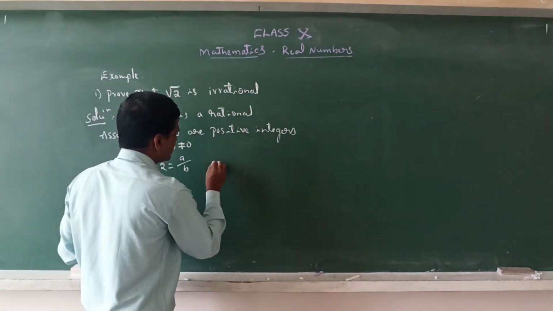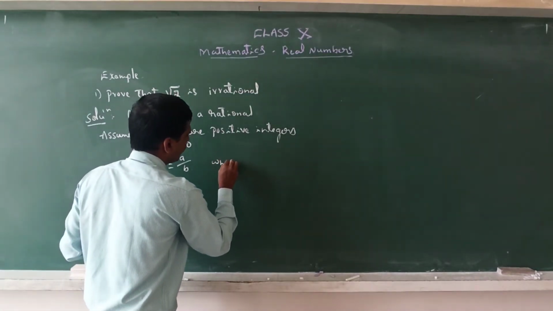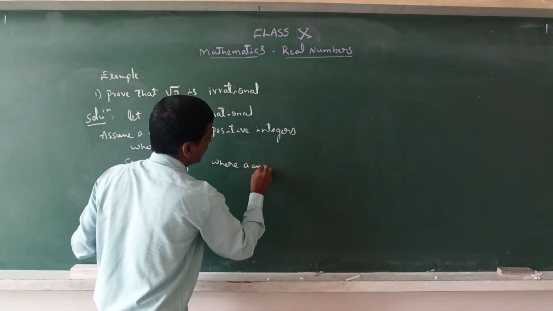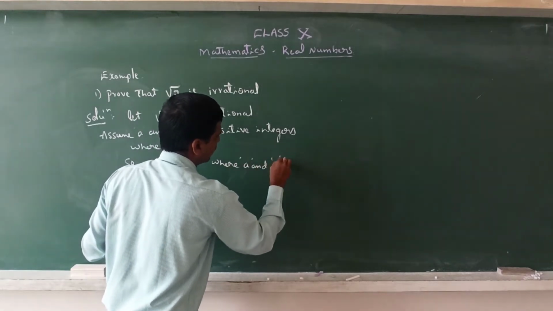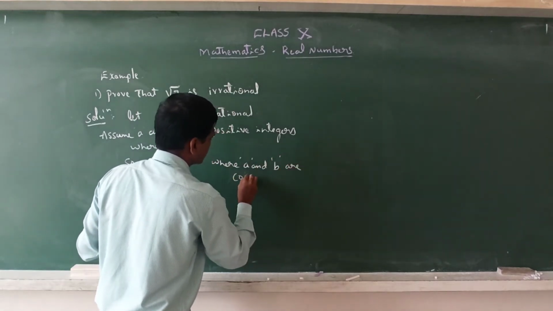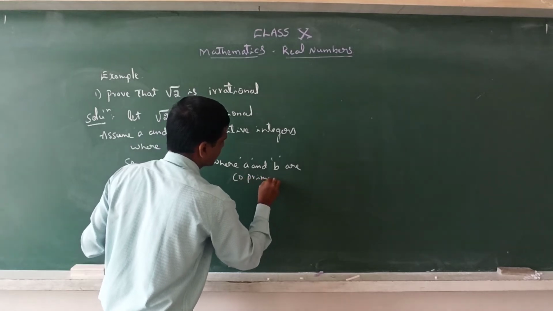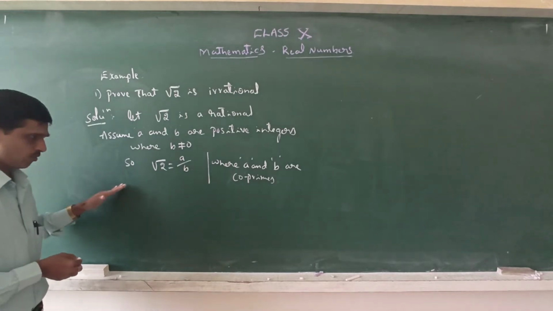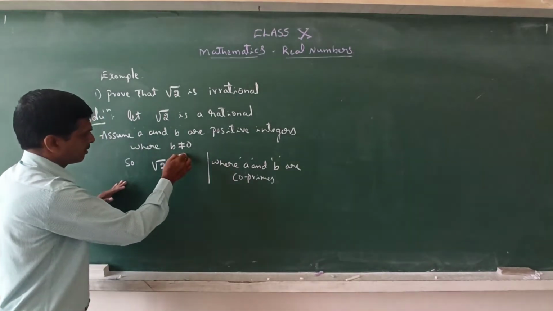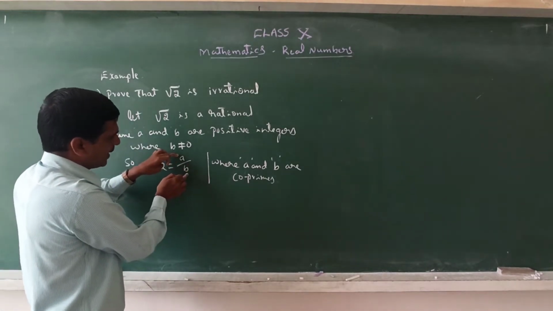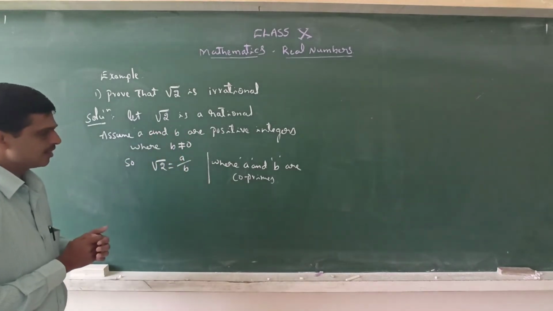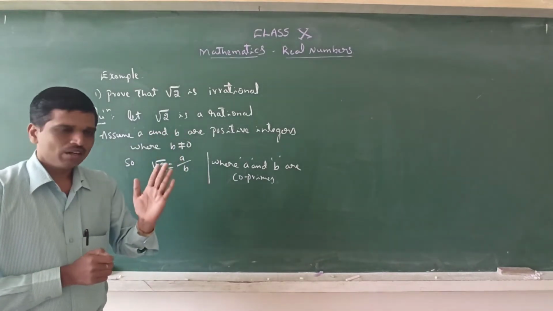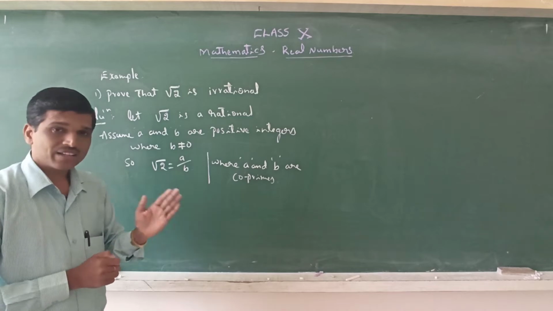Consider where a and b are co-primes. Now these are called co-primes. It means, once again we can confirm, a and b are positive integers with no common factor other than 1.